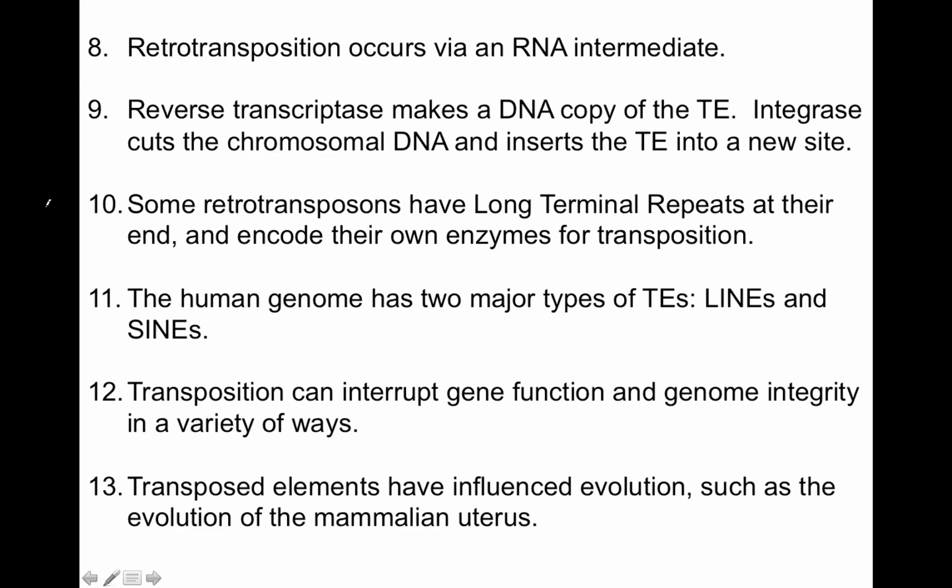The human genome has two major types of TEs: LINEs, long interspersed nuclear elements, and SINEs, short interspersed nuclear elements. Transposition can interrupt gene function and genome integrity in a variety of ways. Transposable elements have influenced evolution, such as the evolution of the mammalian uterus.